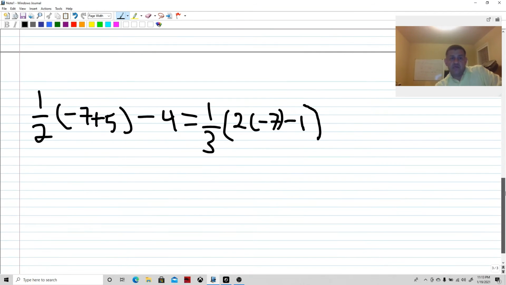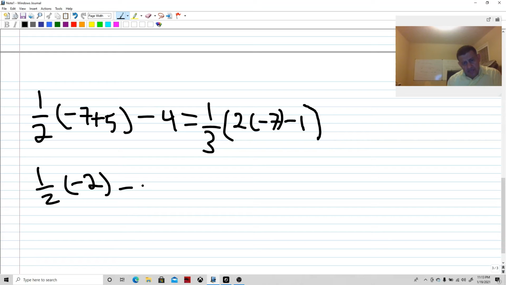So now, if we do this, it's right here. First we do the parentheses first, and we get 1/2, and we get -2, and we get -4, equal to 1/3. And then we do this parenthesis first.